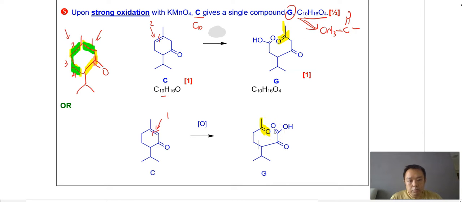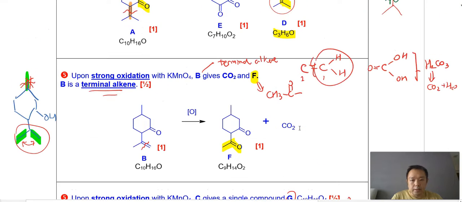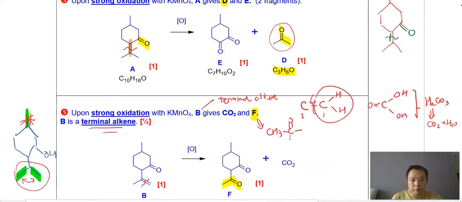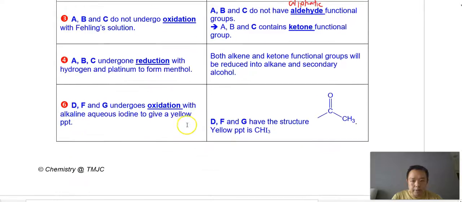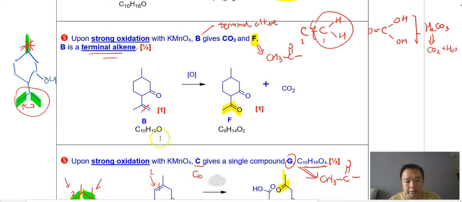In general, in this deductive question, it is typically 1 mark per structure. So you have A, B, C, D, E, F, and G, with 1 mark for each structure. There are also marks given to the deductive statements. There are 6 bullet points over here, so 6 marks for the deductive statements. So in total, this question is worth about 12 to 13 marks.